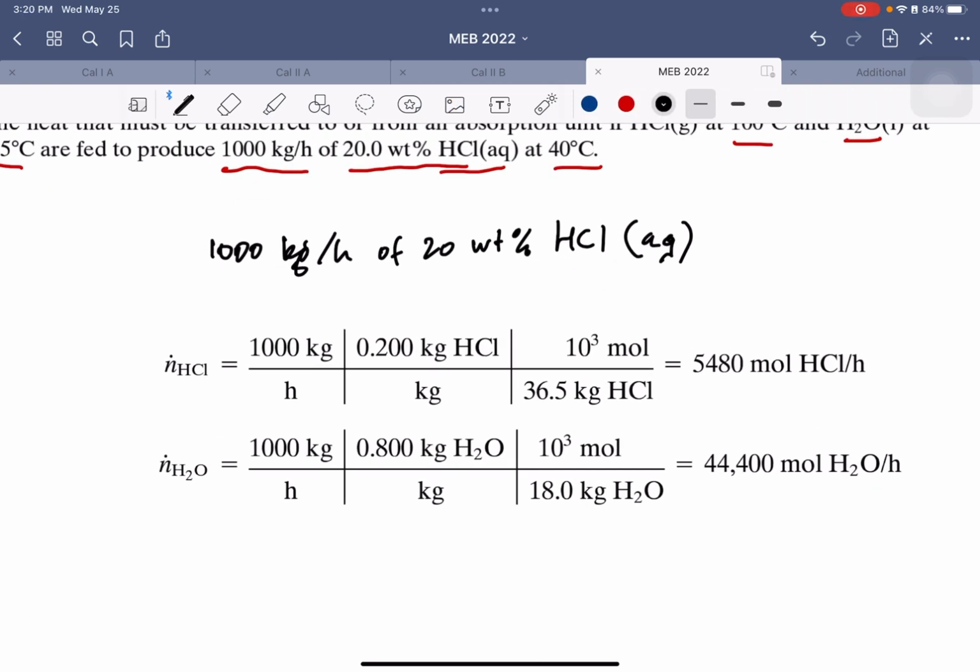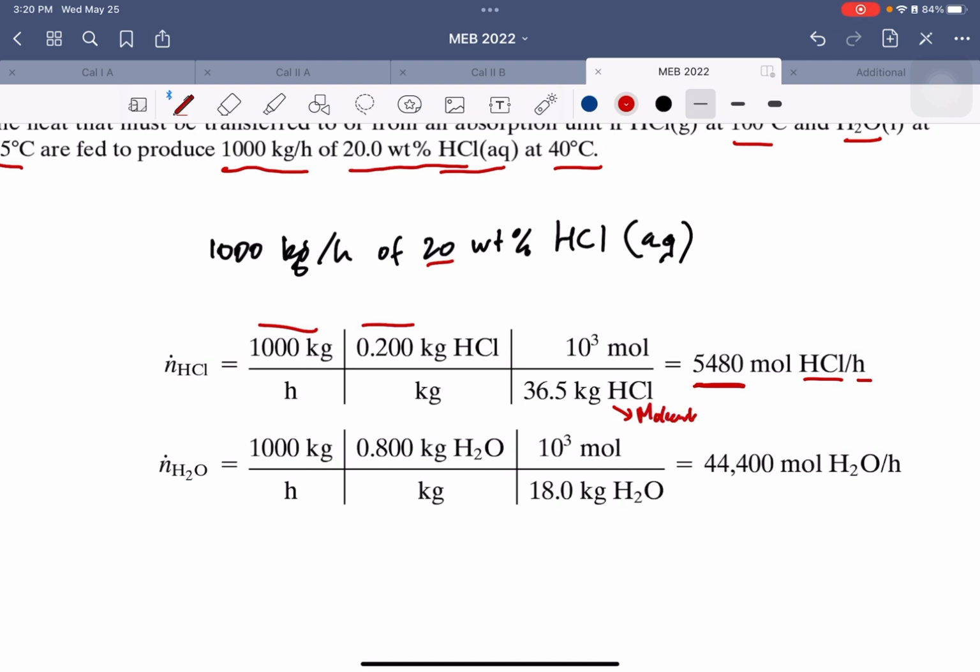First, the 28%, we could take it as 0.28 kilogram per kilogram, and then calculate how many moles of HCl we need per hour. We get 5,480 moles per hour, using the molecular weight, right?